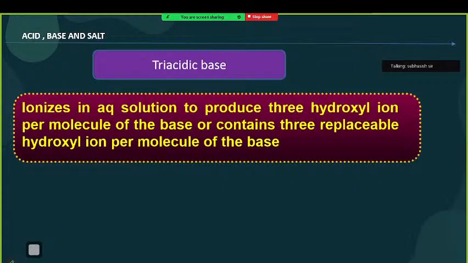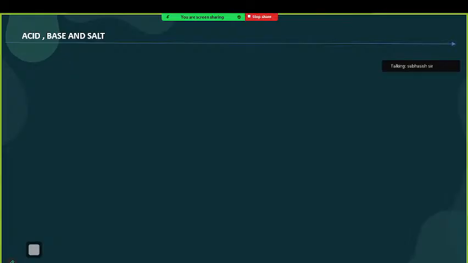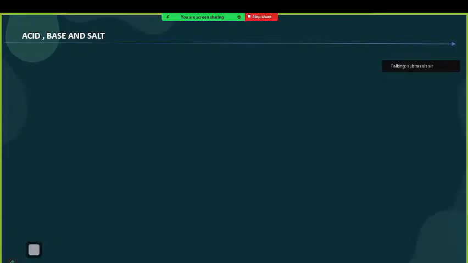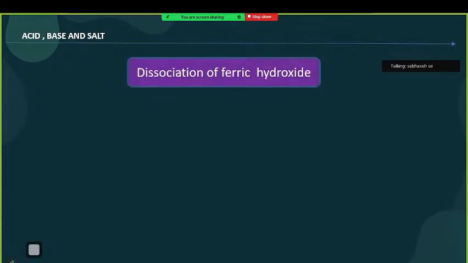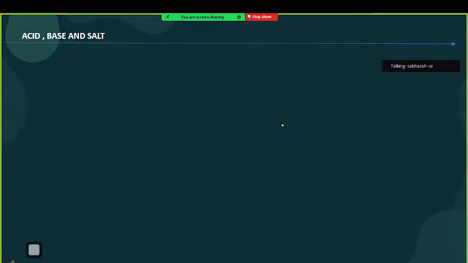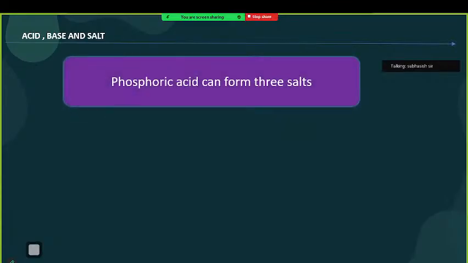For example, aluminium hydroxide, one molecule of which gives 3 OH minus ions. Like ferric hydroxide, it is also a triacidic base, giving iron 3 plus plus 3 OH minus. One molecule gives 3 OH minus. So this is all about the classification.